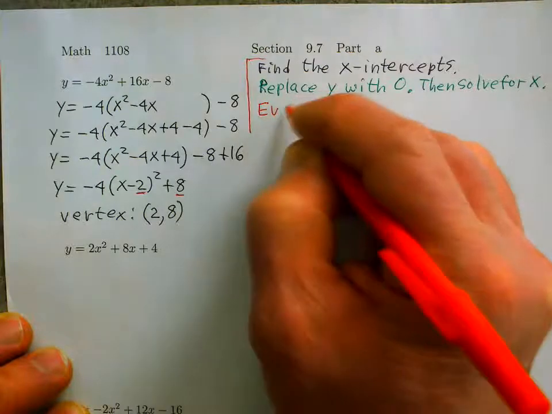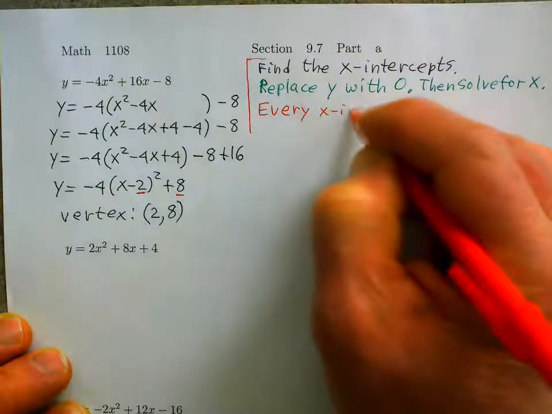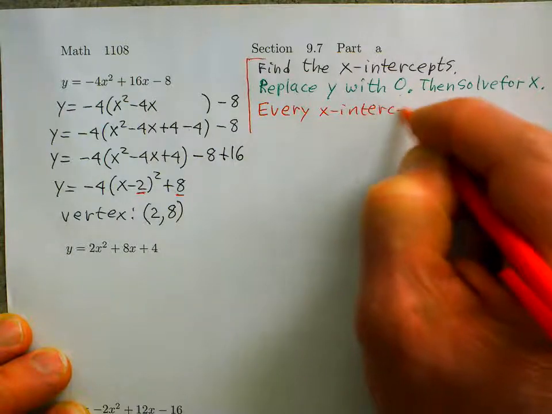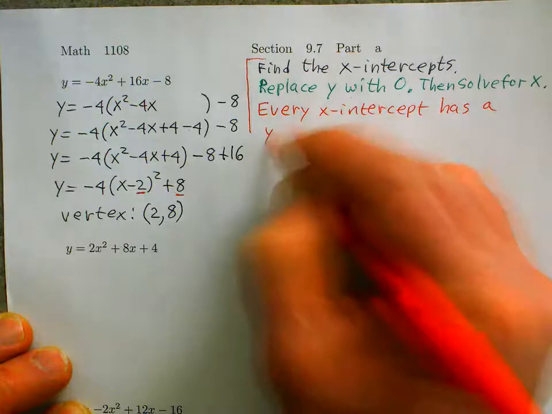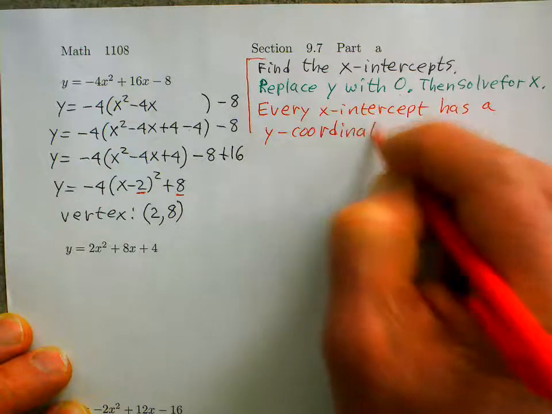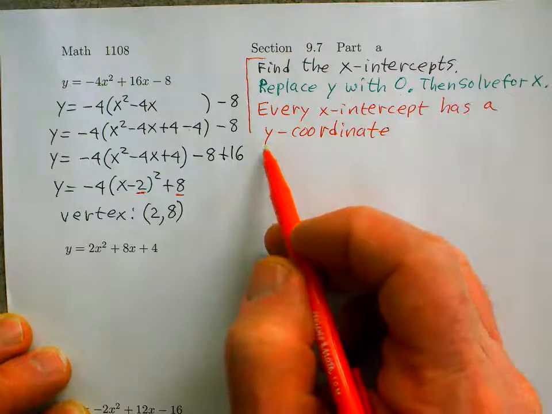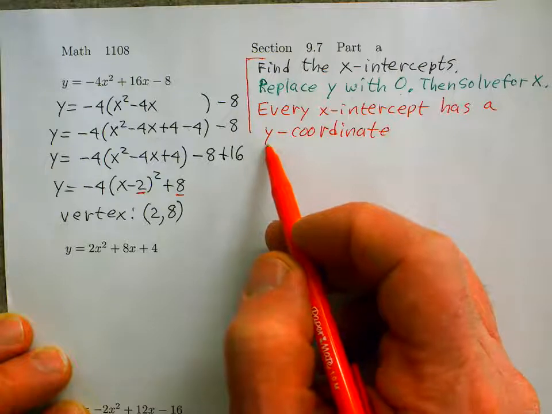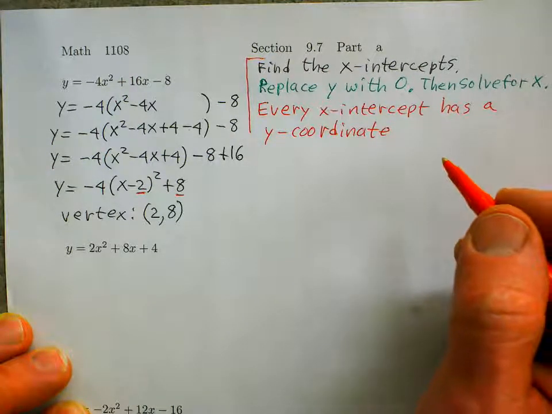Every x-intercept has a y-coordinate equal to 0. In other words, every point on the x-axis is associated with an ordered pair, and the y-coordinate of that ordered pair on the x-axis is always 0.